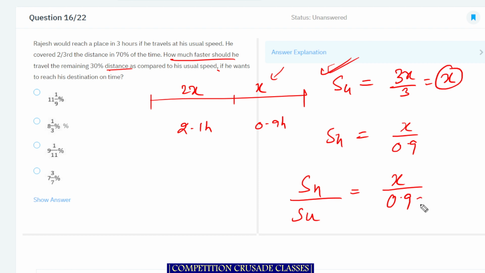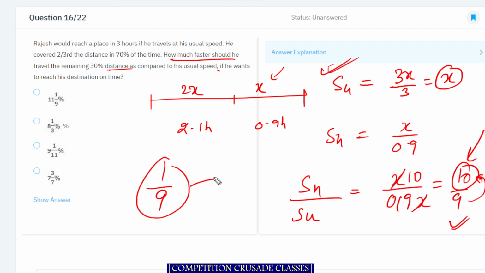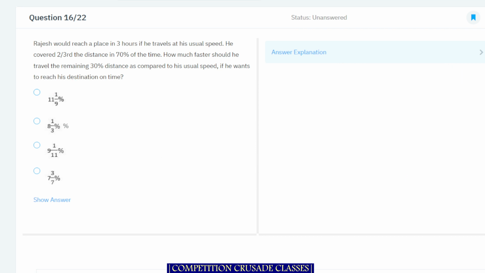That is as good as multiplying this, it is 10, x goes out, 10 by 9. So usual speed is 9, new speed should be 10. Effectively the increment is 1 by 9. So 1 by 9 is an increment of 11.1111%, or 11 whole 1 by 9%. Right? Let's go to the next one.